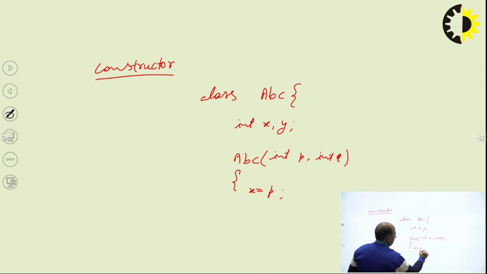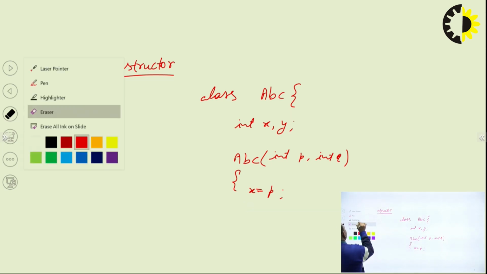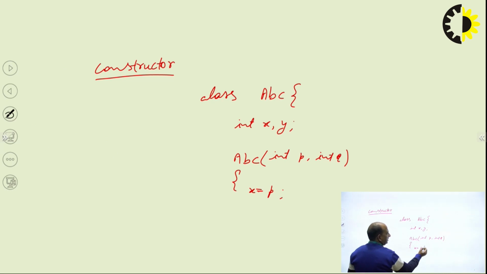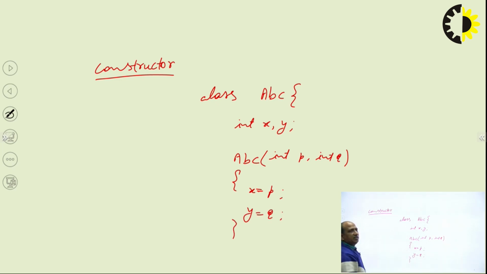The P has been initialized to X and Q has been initialized to Y. We can see that this constructor name is the same as the class name. It has no return type, not even void, and it is initializing the class variables.